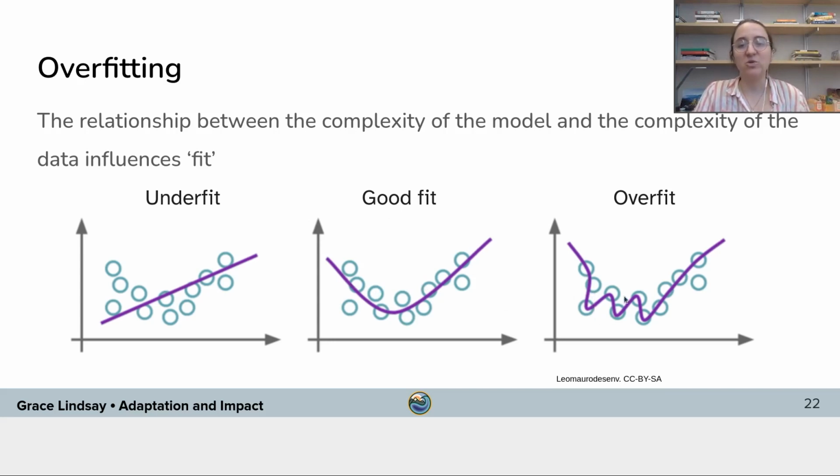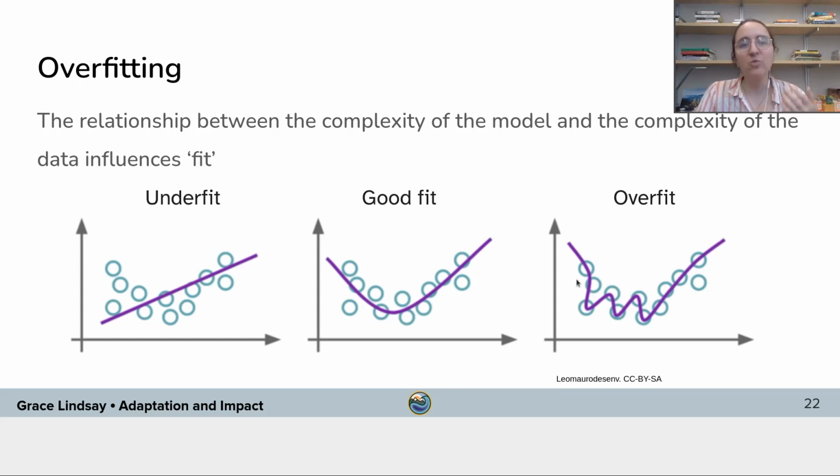It could actually do this super squiggly line here, which is doing very well on the training data. It's catching all of these points exactly. It's going through them. But this model is probably not capturing the real underlying relationship in the data. It's overfitting to the training data. And so by overfitting, it won't actually extrapolate well. It will do something crazy if you show it data that it wasn't trained on because it's learned the wrong function.